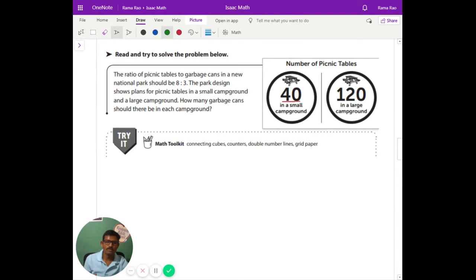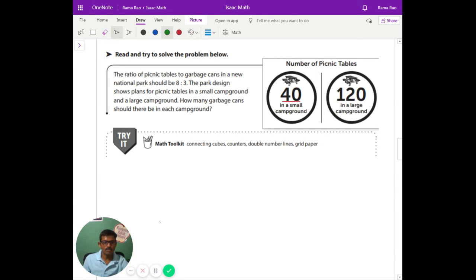This year, we're going to use try, discuss, and connect. First thing is try. Whenever a question is given to you, you're going to try first. Then you're going to connect, drawing different models like diagrams or number lines, whatever you want, and connect that to whatever is given to you. Then you can apply that too.